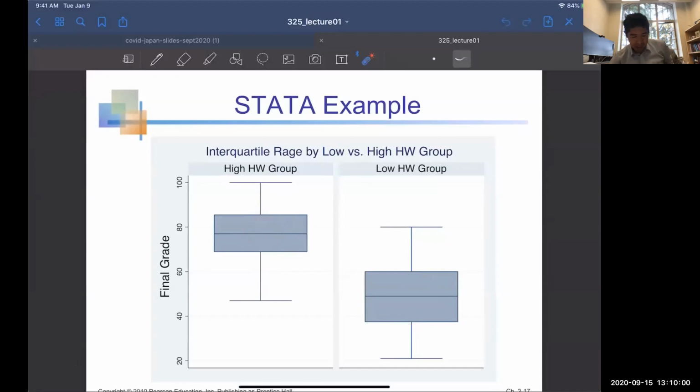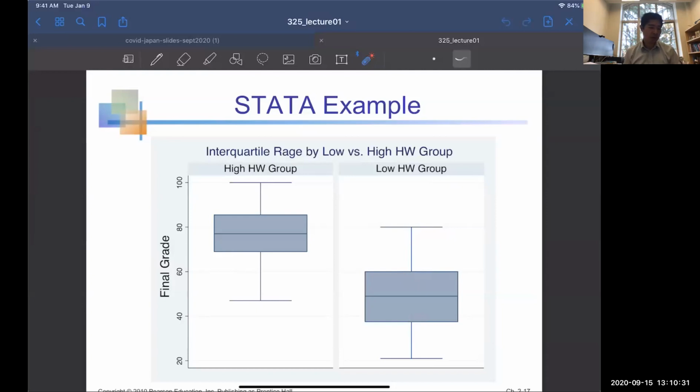And then the low homework group, those who don't complete homework, tend to have the middle part between below 40 to at most 60. Okay. And then even if you don't do well in the homework, the maximum value is 80. Okay, right? So, I think this is a nice summarization of the data.